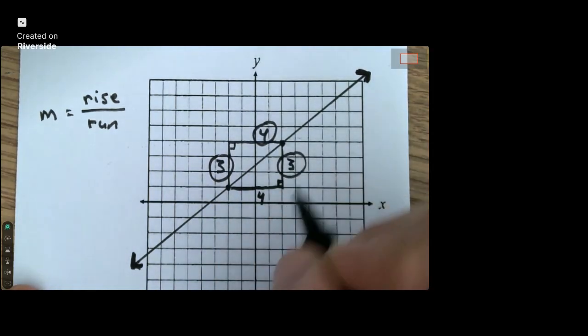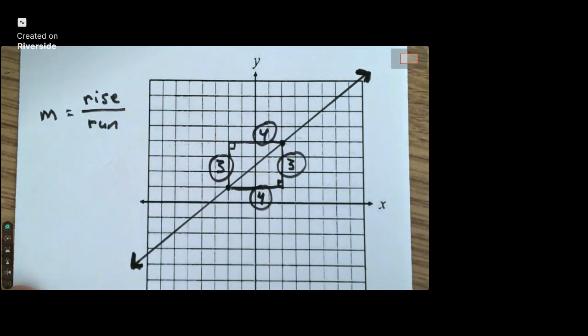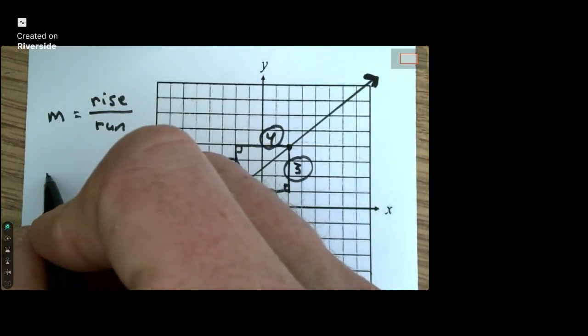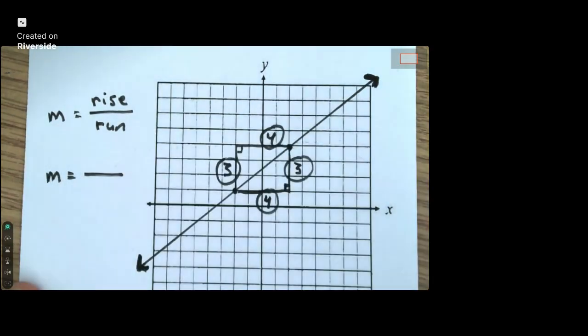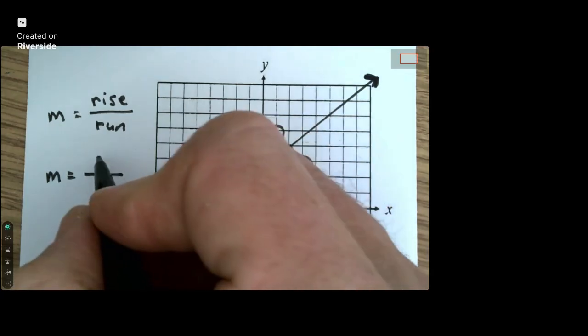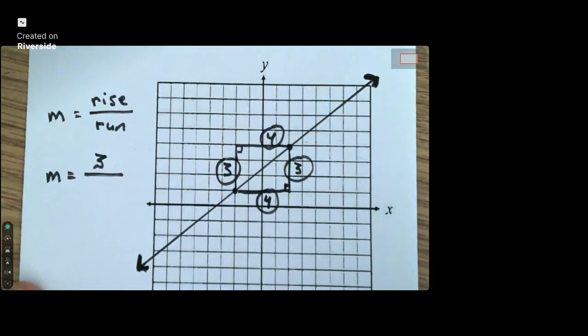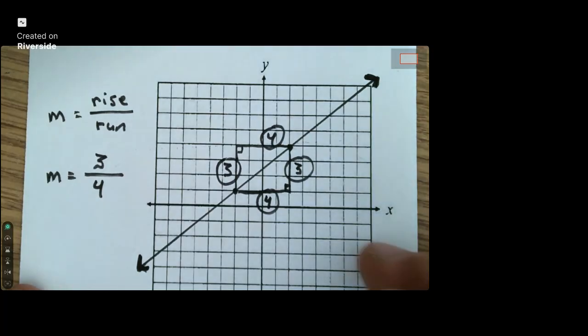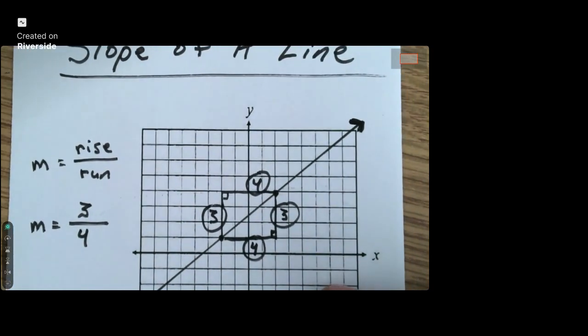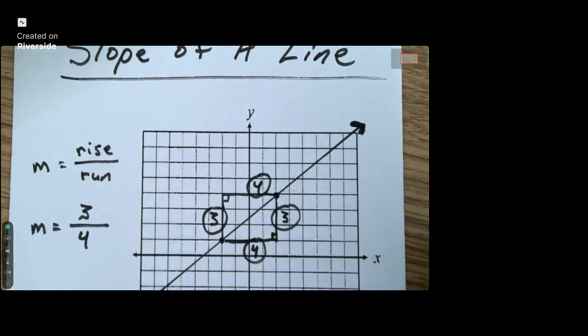So rise, up and down distance, over run. Rise over run. So little m, slope, is going to equal rise, which is 3, over 4, which is our run. Now, one other thing to remember here is slopes can be positive and slopes can be negative.